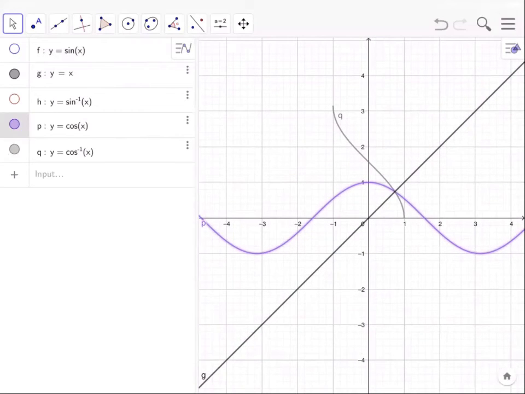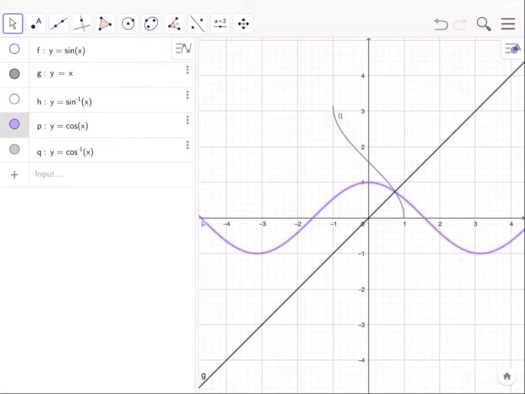Again here, we see the reflection of the piece that goes from 0 to pi. You see that if you reflect the piece of the cosine that goes from 0 to pi with respect to y equals x, what you get is what is displayed here in gray.